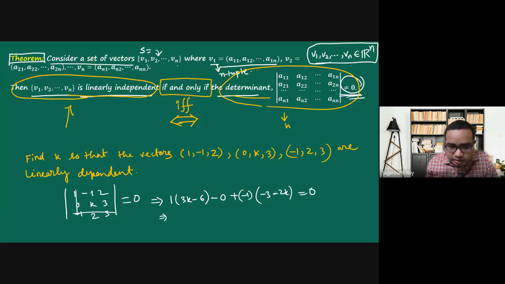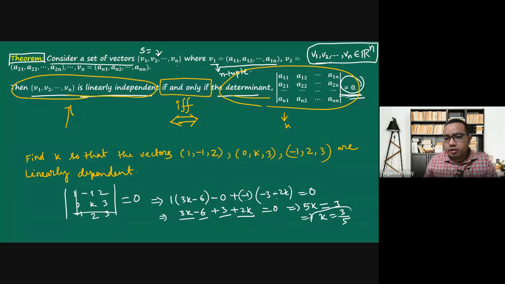So we have 3k minus 6 plus 3 plus 2k equals 0. Finally we have 5k and -6 plus 3, so -3. So k equals 3 by 5. If k equals 3 by 5, then these vectors are linearly dependent.